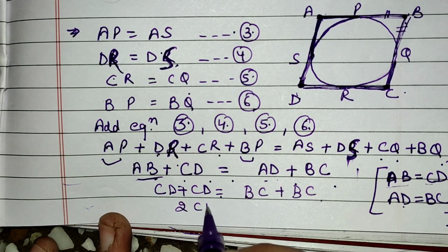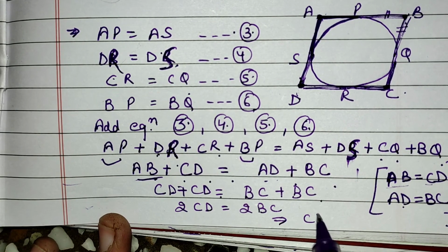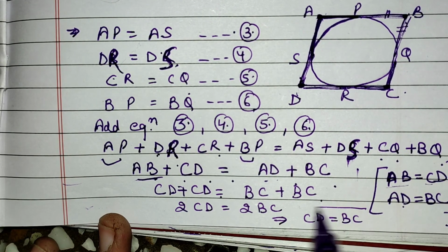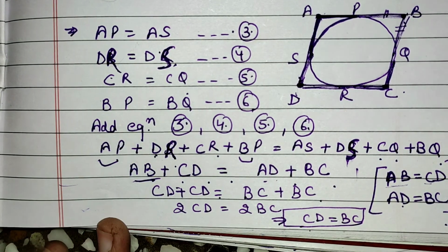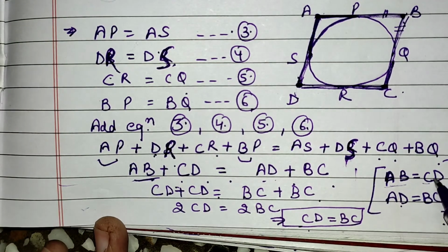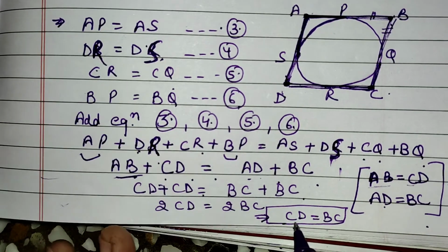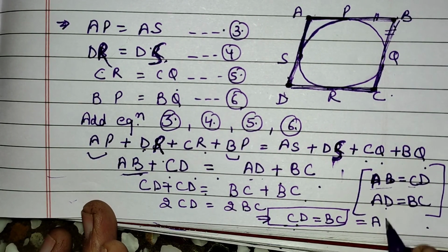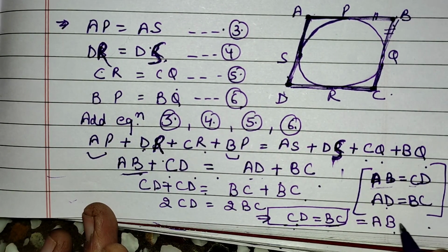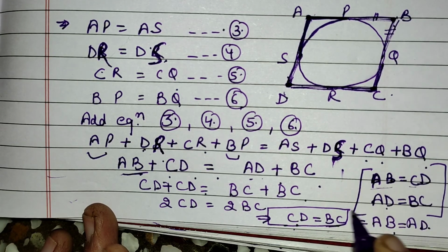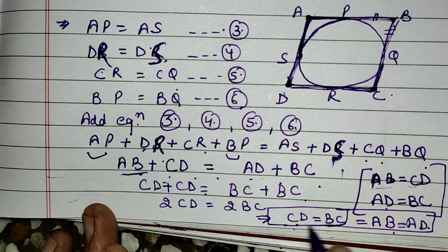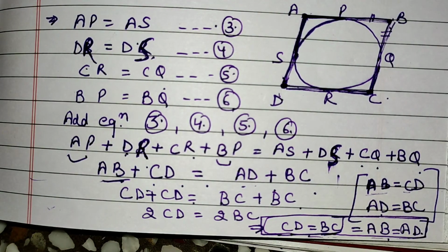So that means 2 times CD is equal to 2 times BC. So CD is equal to BC. Okay, CD is also equal to AB, and BC is equal to AD. So all 4 sides of the parallelogram are equal. So that means it is a rhombus.